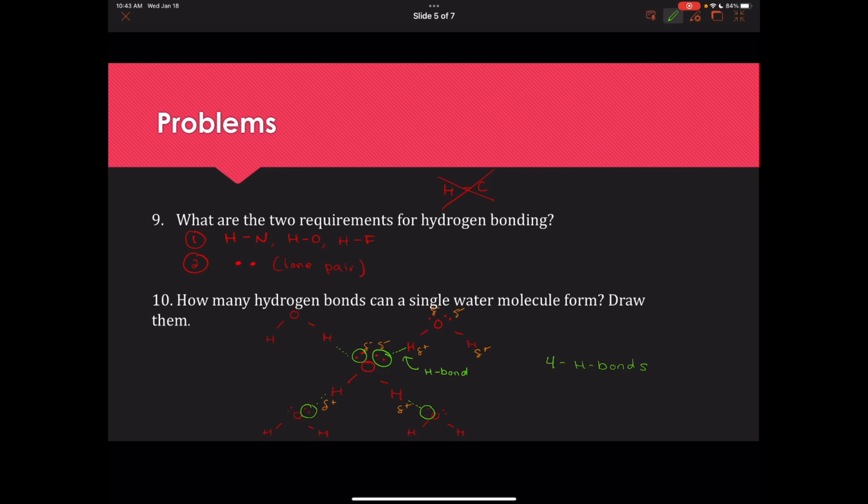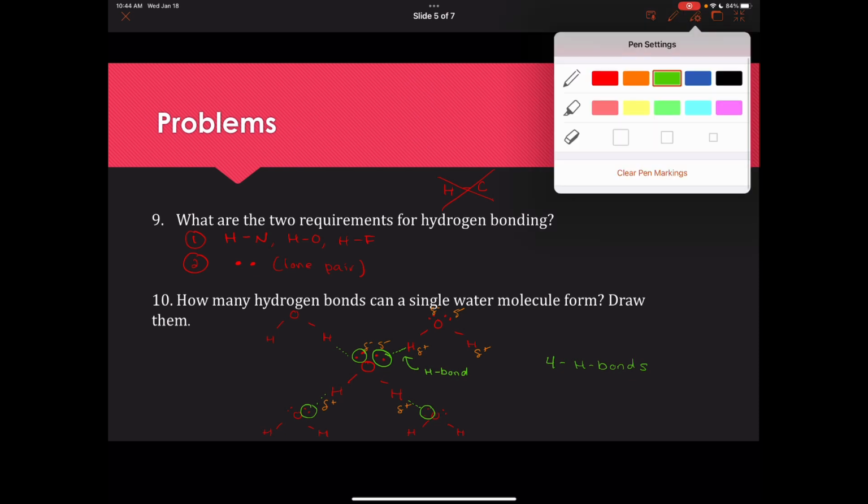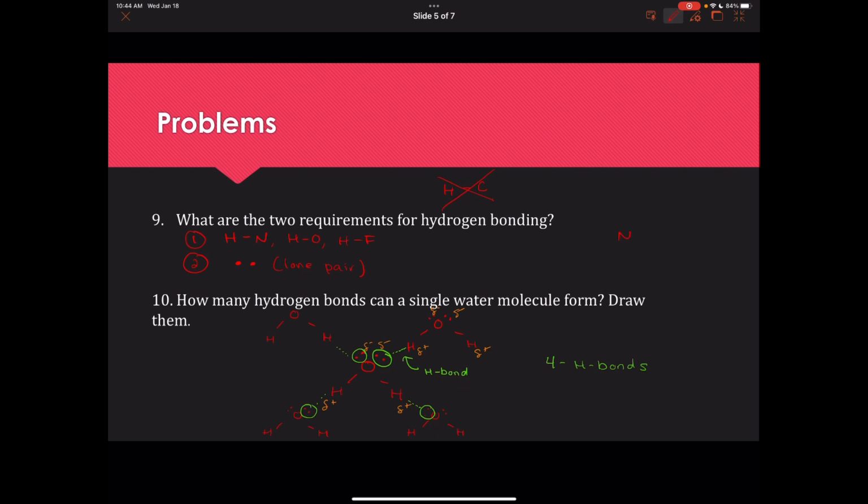So again, the more hydrogen bonds a molecule can form, the stronger the attractions will be. So water that can form 4 hydrogen bonds versus some other molecule that can only form 1 hydrogen bond, it's going to be stronger. We could also compare something like ammonia, NH3, versus the water.